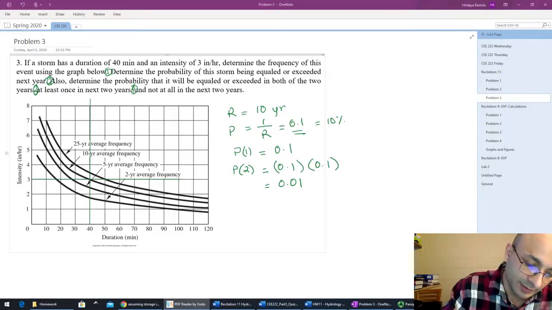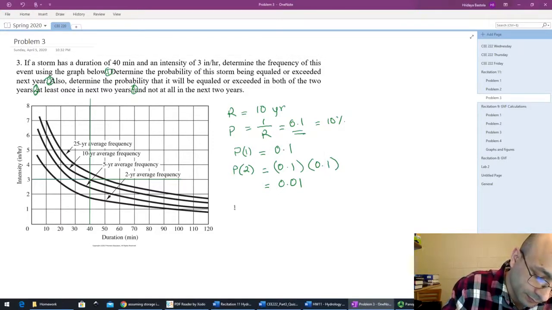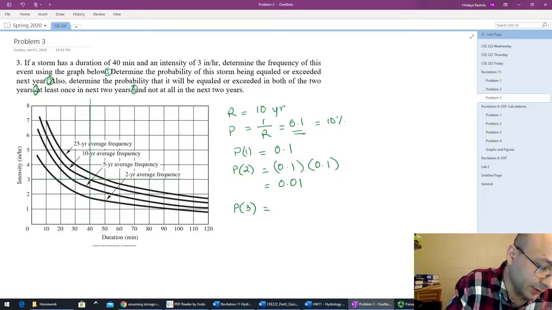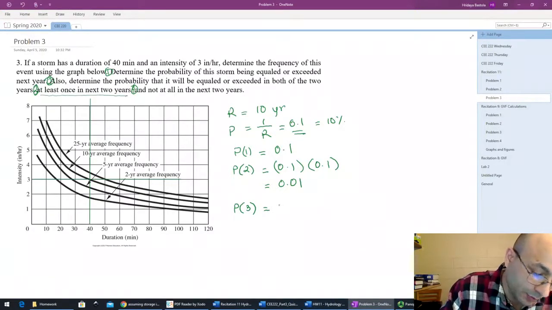Okay, so for case 3, we can do it in one of two ways. So hold on, it's the third one here. So equals or exceeds at least once in the next 2 years. So one way that would happen is it does equal or exceed in the first year, but not in the second year.